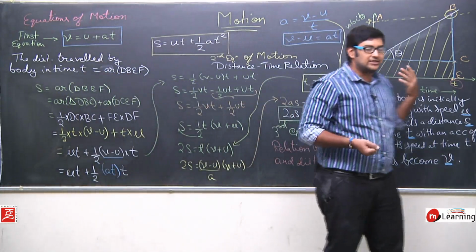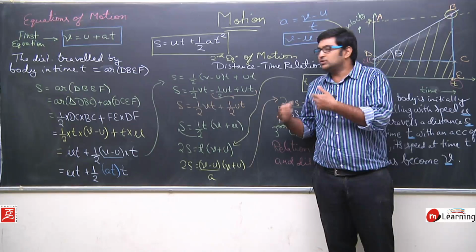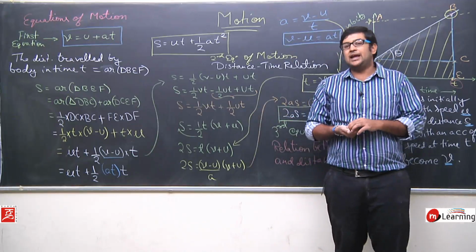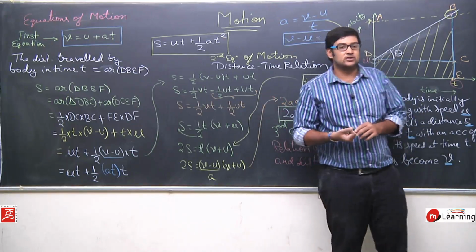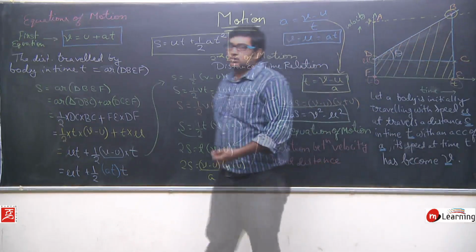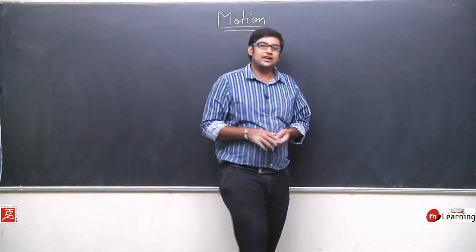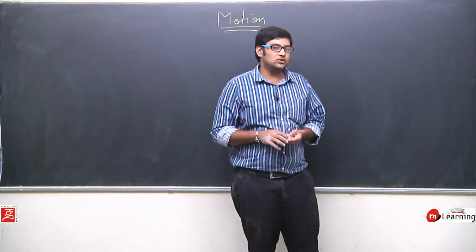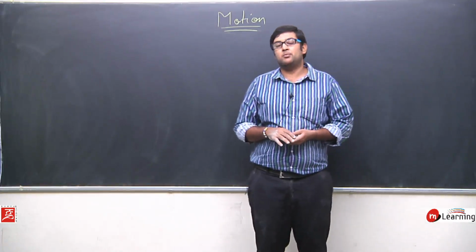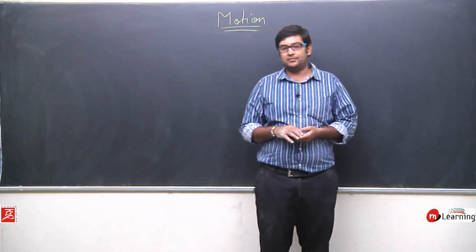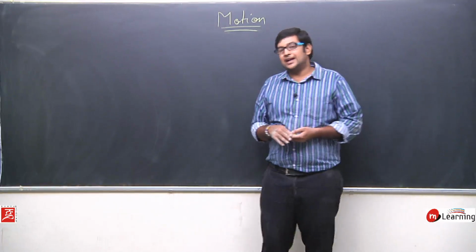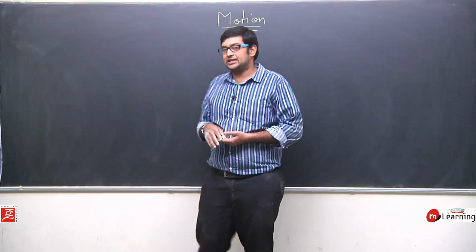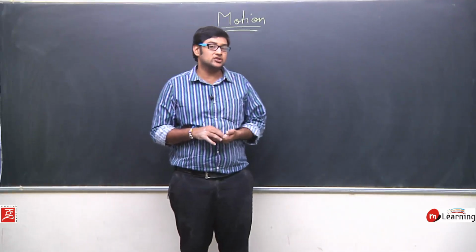First you note this, then we will see how some special cases can be applied on these three equations of motion. Okay, so we have derived the three equations of motion. Now as I told you, these equations of motion are very important in calculating various parameters. So for that, let's see some special cases, how to apply these equations of motion.